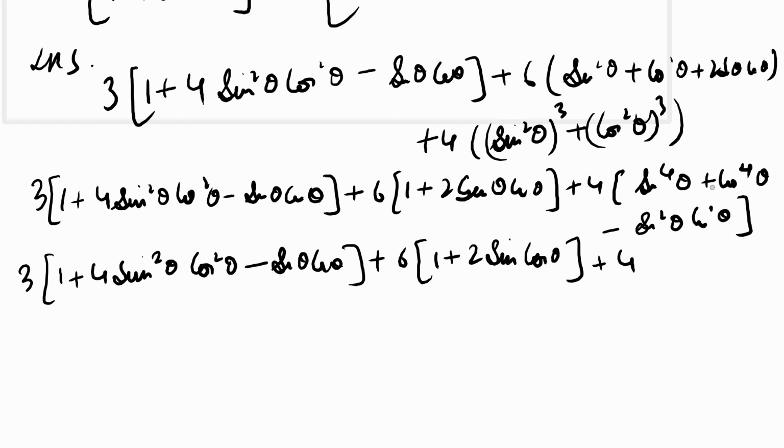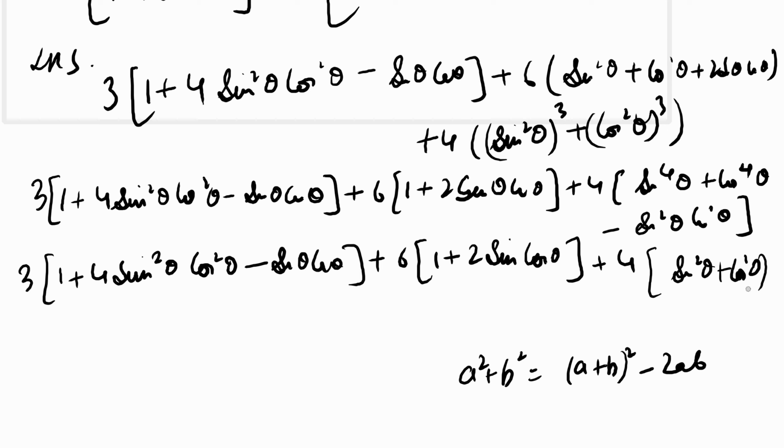Now here, instead of sin 4 theta plus cos 4 theta, I can write, using this identity, a square plus b square is equal to (a plus b) whole square minus 2ab, (sin square theta plus cos square theta) whole square minus 2 sin square theta cos square theta, minus sin square theta cos square theta.